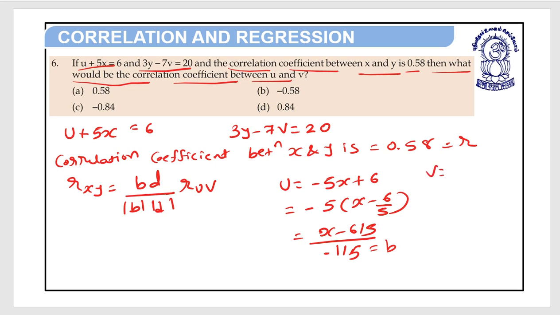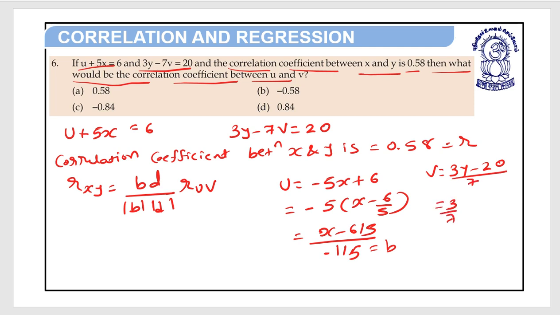For v, here 3y minus 7v is equal to 20. So v is equal to minus 3y minus 20, you can write 3y minus 20 upon 7.